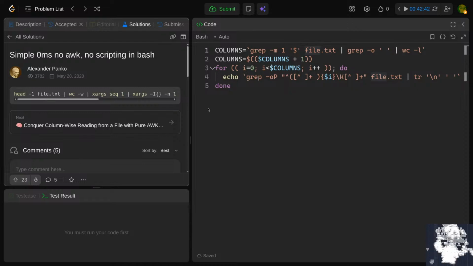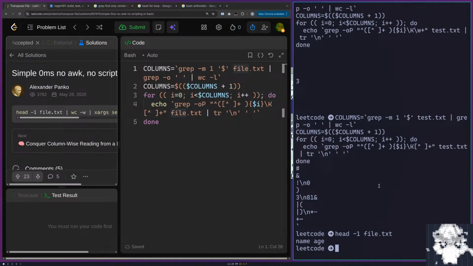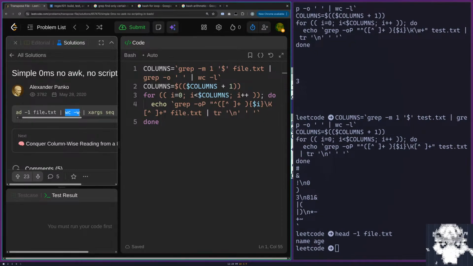Head -1, I wonder if that is, give me the first line. Yes, head -1 is a better way to do this. Word count word. I did that, but I didn't think that gave the right answer. Maybe it did and I was misunderstanding something.